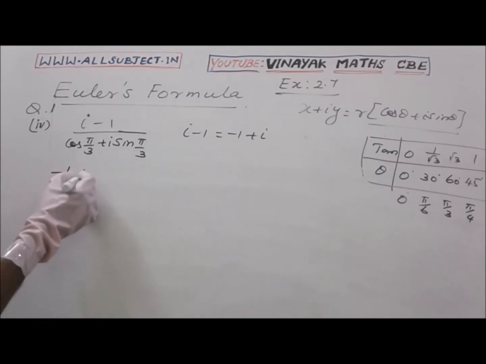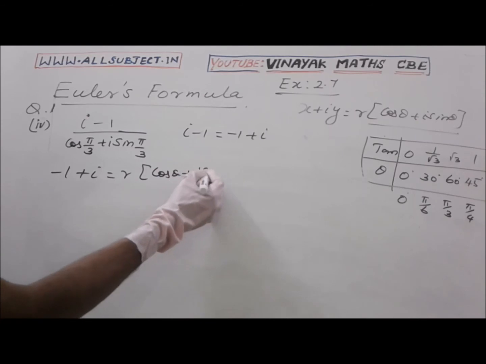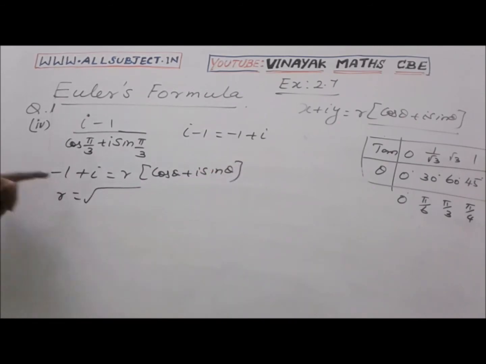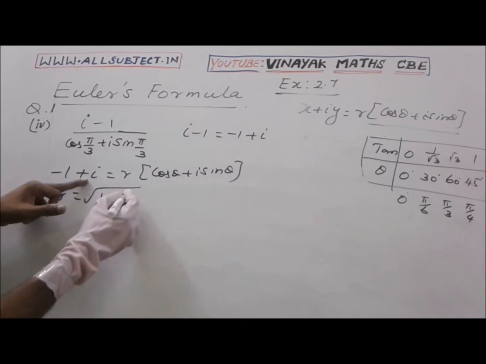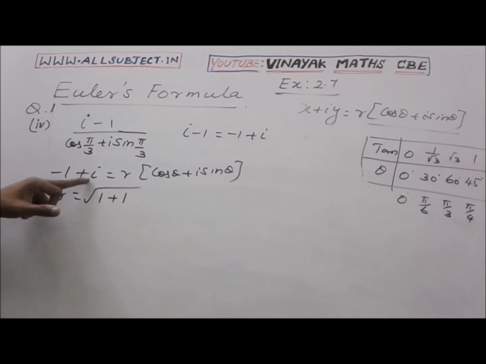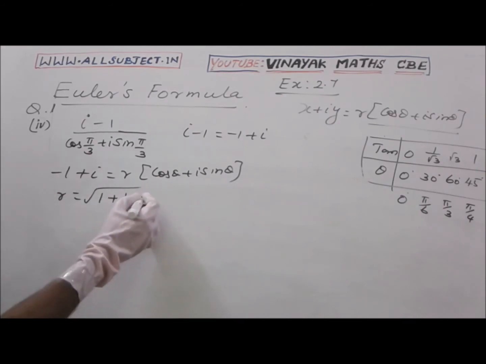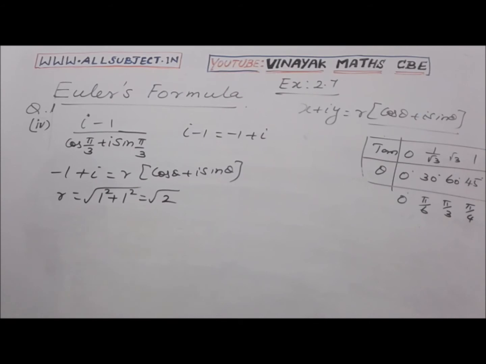So minus 1 plus i equals r into cos theta plus i sin theta. To find r, we have the formula root of real part squared plus imaginary part squared. The imaginary part here is taken as 1, so that is 1 squared plus 1 squared, equal to root 2. So r equals root 2.